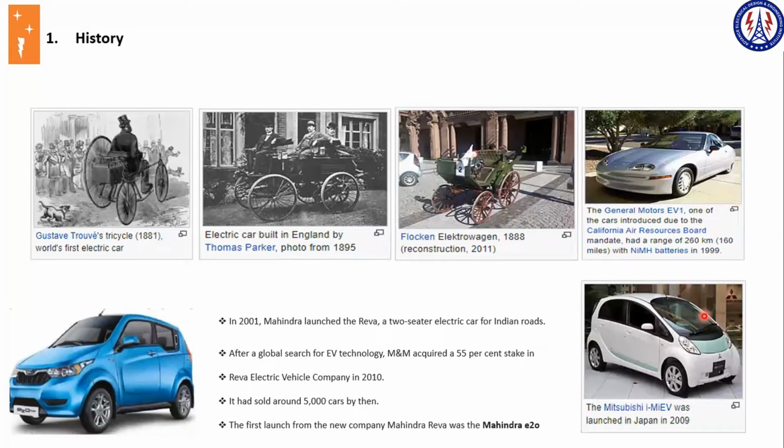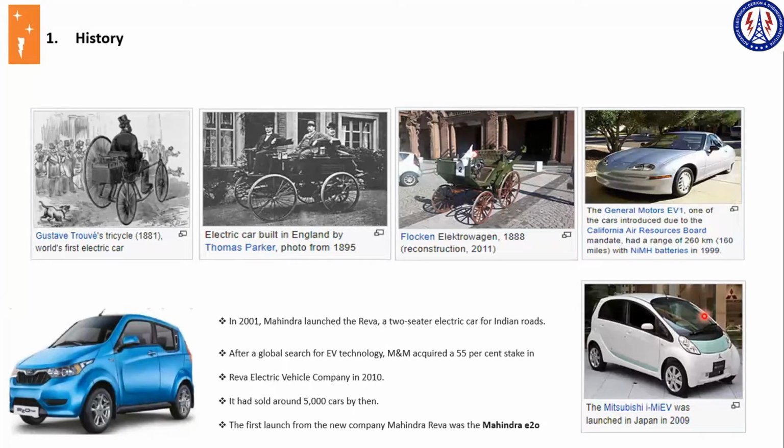But from 2010 onwards, most of the countries in Europe and the USA initiated a drastic change towards electric vehicles rather than regular gasoline or IC engine vehicles. And that took about 5 years to reach some level.